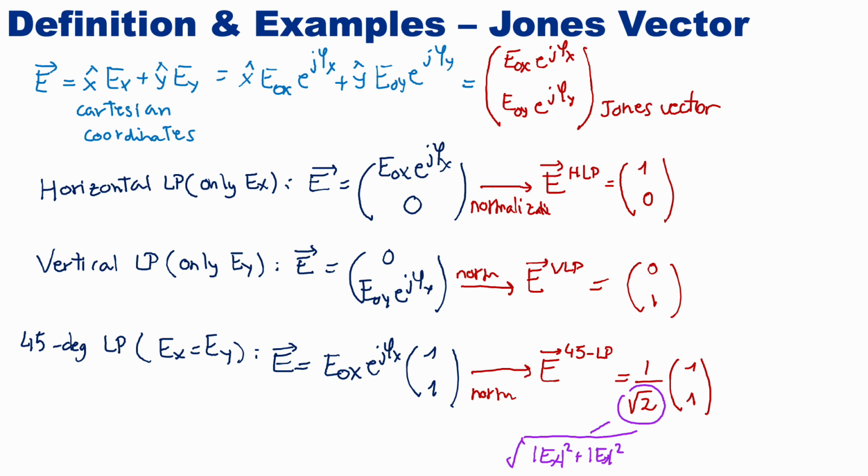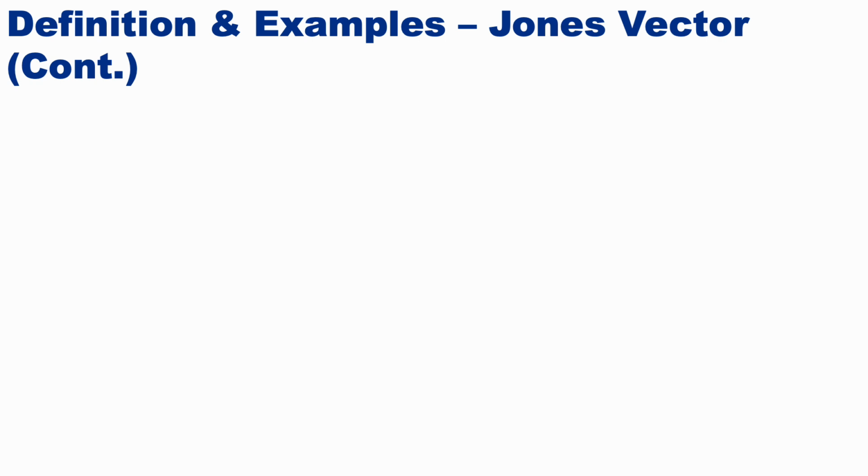The final cases that I want to discuss about the Jones vector is when we have right hand circular polarization. So that means that the initial amplitudes are going to be the same, but now the phase of the y component leads the phase of the x component by 90 degrees.